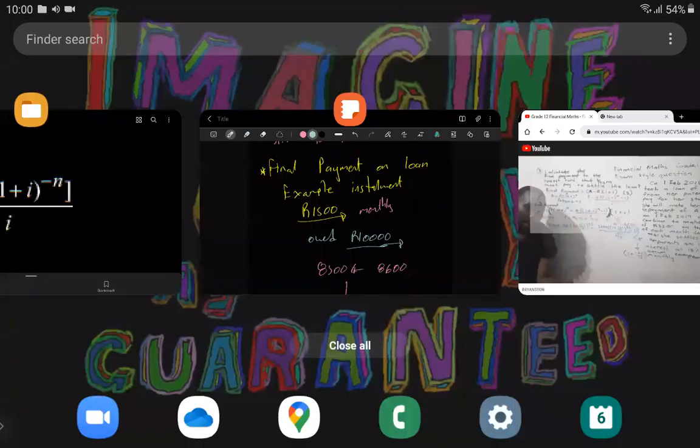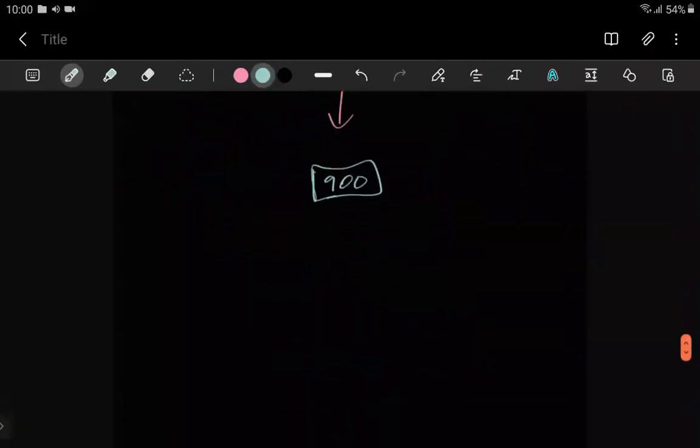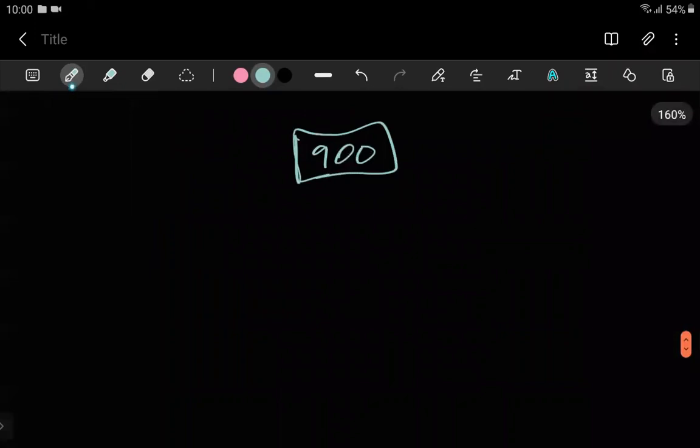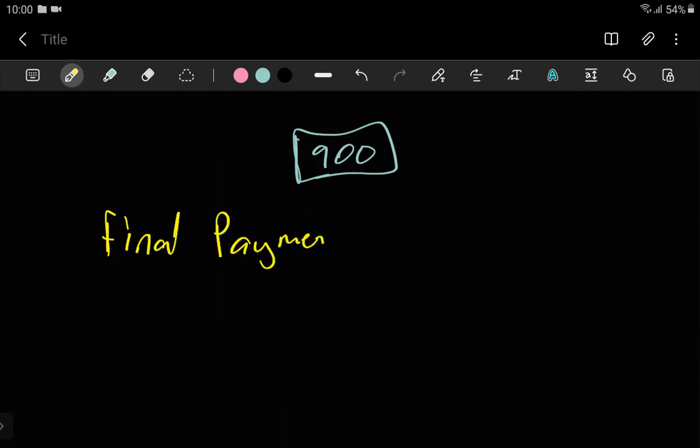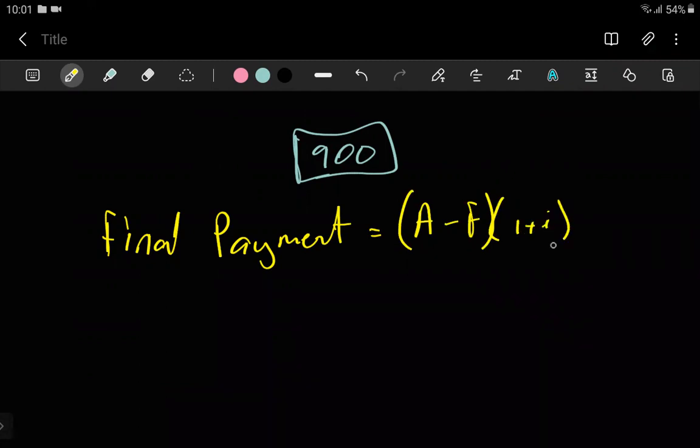When you think of formulas like that, it helps you to not always visualize them as something long. So final payment is always equal to technically the balance of the loan and then 1 plus i.